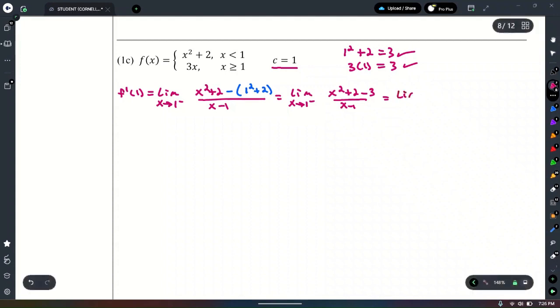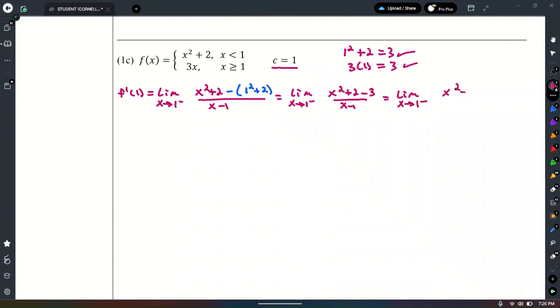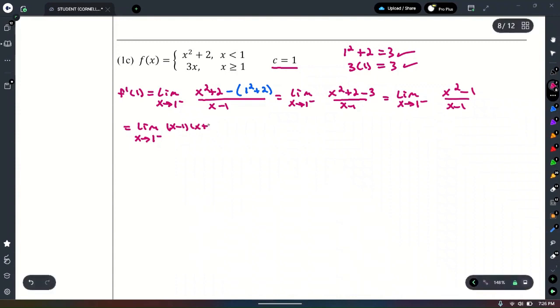We have the limit as x goes to 1 from the left of x squared minus 1 over x minus 1. We're going to jump down here and simplify. We know we can factor the top. So we have the limit as x goes to 1 from the left of x minus 1 times x plus 1 all over x minus 1.